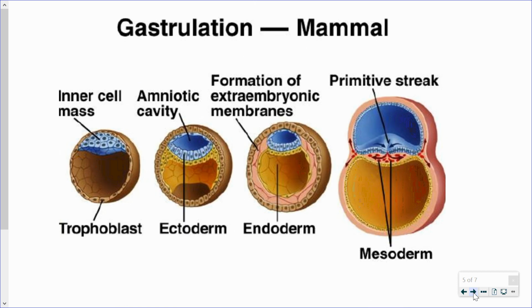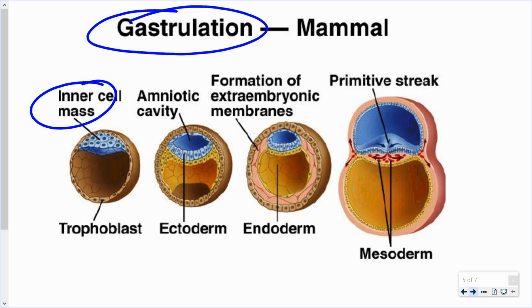What is then going to take place after implantation is a process called gastrulation, where, especially focusing on the inner cell mass, we have the rearrangement of the cells. Initially, from the inner cell mass, they're going to form two different cell layers. The cell layer shown right here is called the ectoderm.